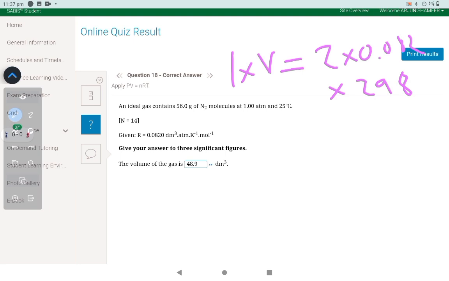So 2 times 0.082 times 298, we get 48.872. So yeah, that's it. Volume is going to be 48, and then we round off the digits, 48.9. Yes.